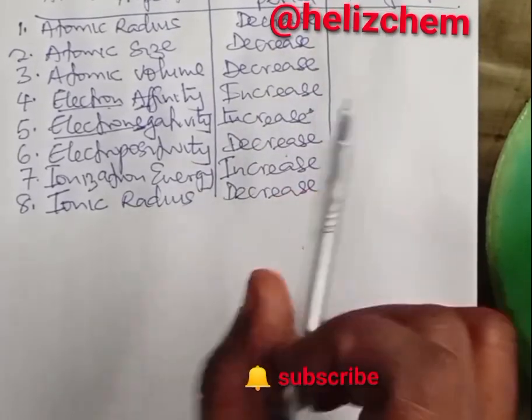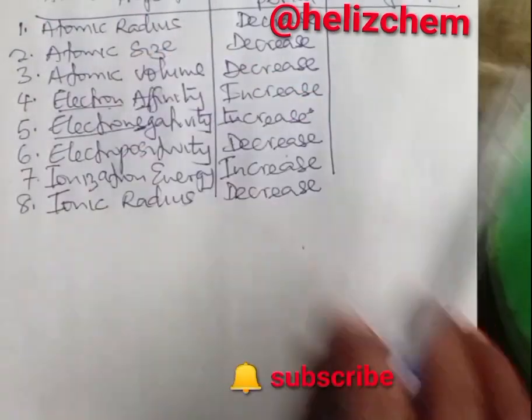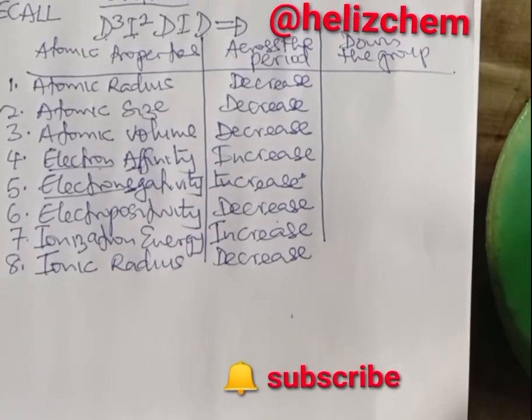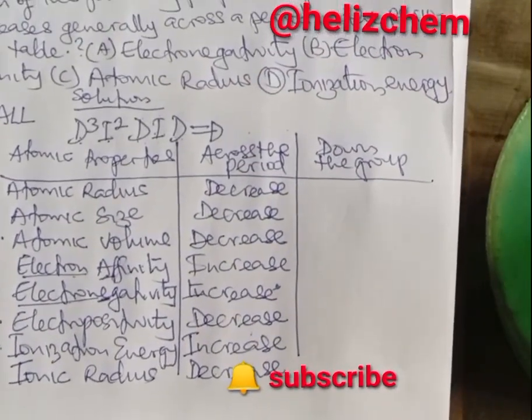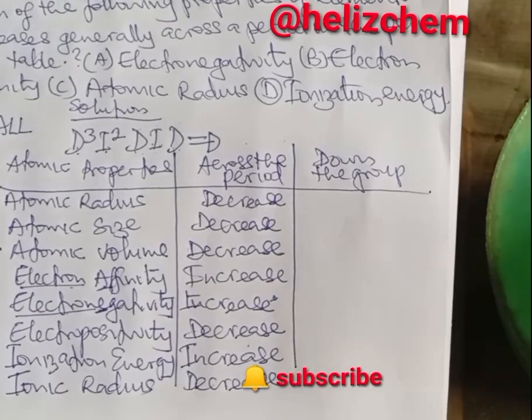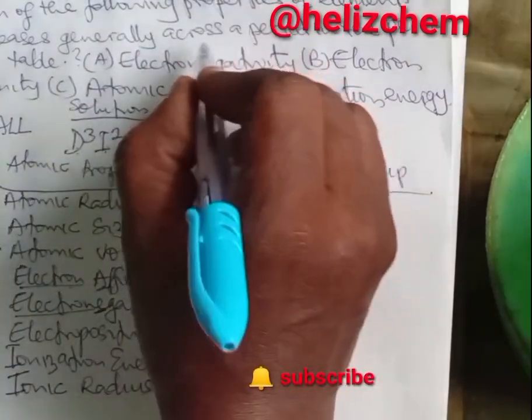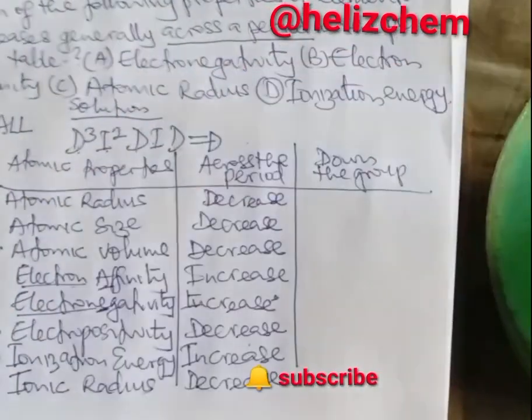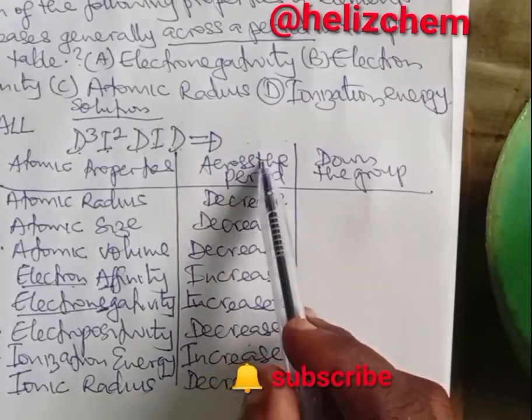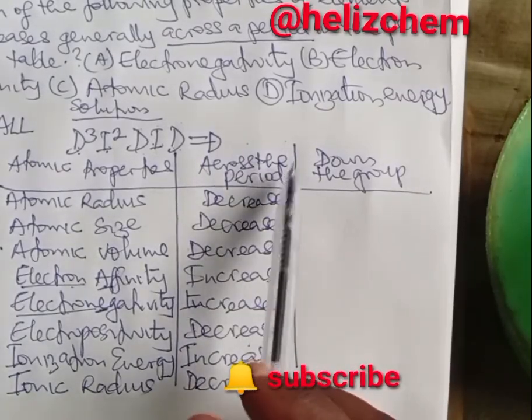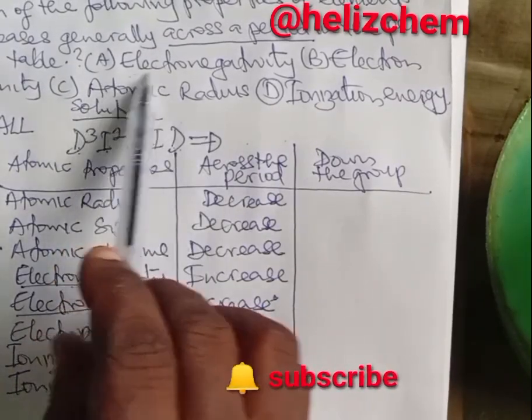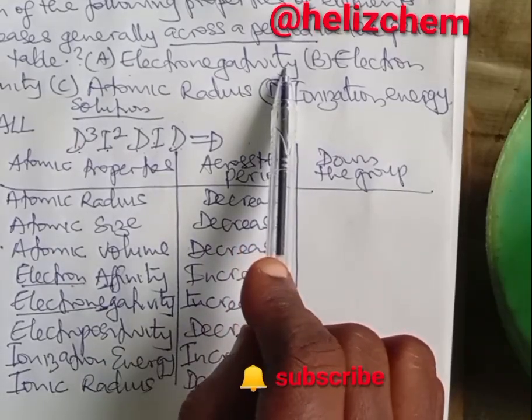But we are not going to that one now, because the question says, which of the following properties of elements decreases generally across a period? So we want to look at across a period. Now the options, electronegativity, is it the answer?